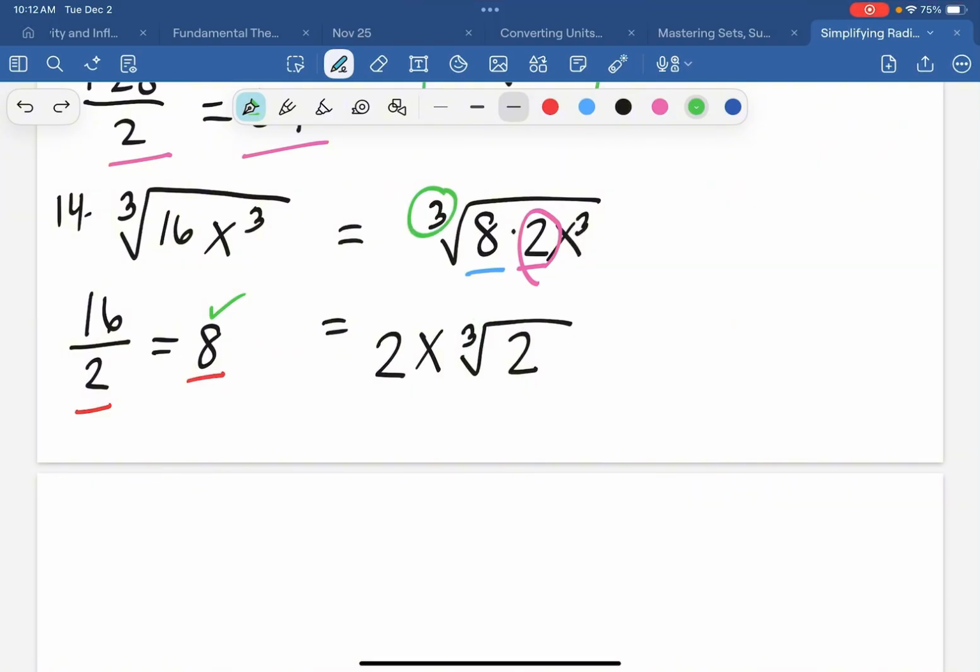Because if you are just gonna leave this like this, automatically it is a square root and not a cube root. And just to be technical, this is technically wrong. So please don't forget to add the 3 here, which signifies cube root. So this is the answer from our given cube root of 16x cubed is equal to 2x cube root of 2.